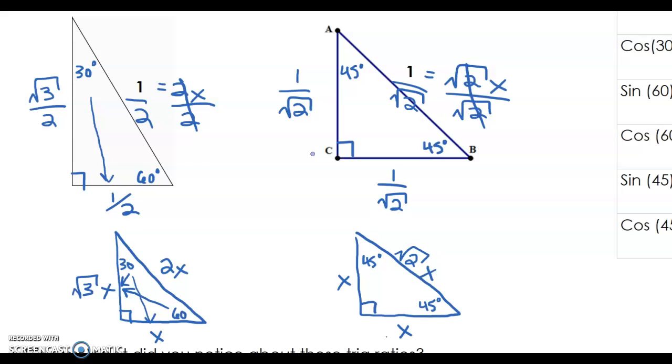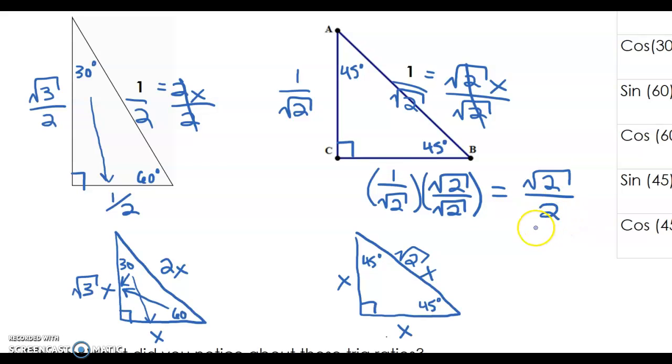We don't really like to have radicals in our denominator just hanging out there. And so a lot of times you'll see this written as root 2 over 2. You get that when you multiply 1 over root 2 by root 2 over root 2. That way, again, you do not have a radical in your denominator.